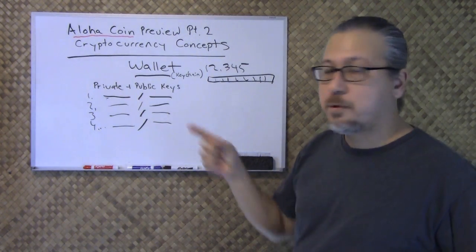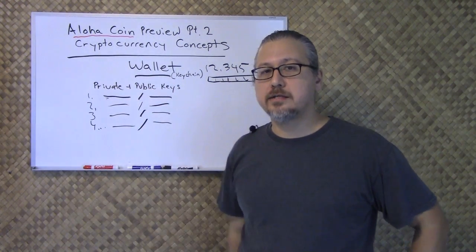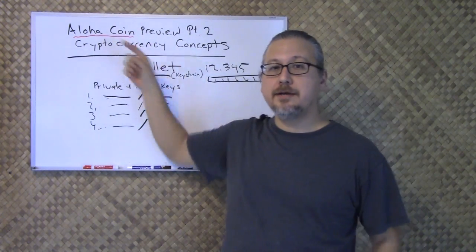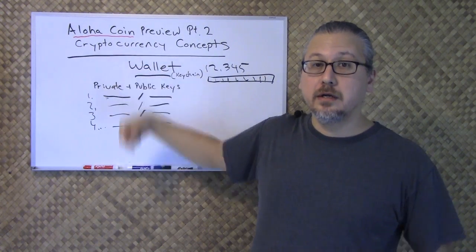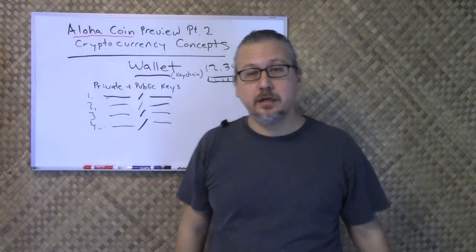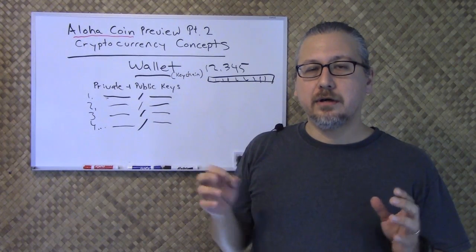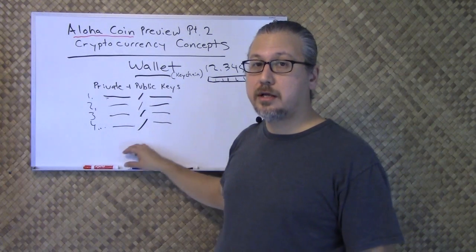Now, wallets. Generally, there are different kinds of wallets. Normally, if you go to alohacoin.info and download the software, which is called Aloha Coin QT, it's going to create a wallet file on your computer when you install it the first time.